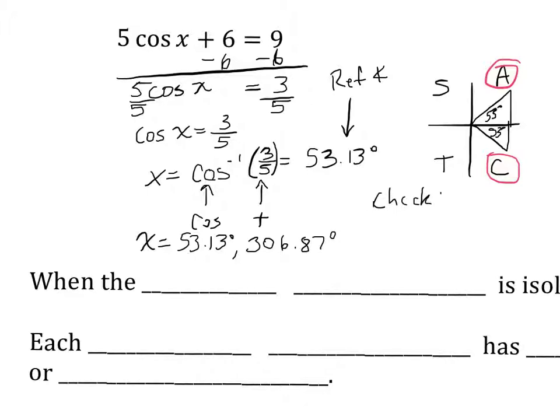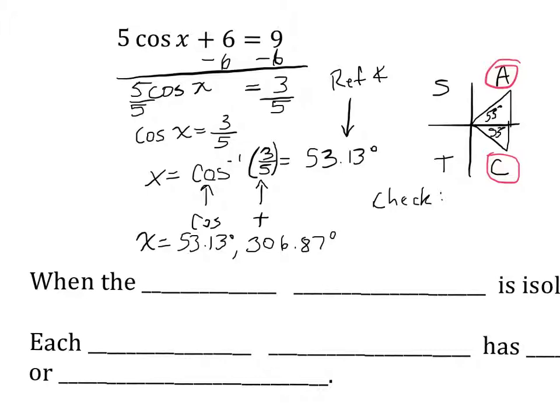Okay? And if we want to check our work to make sure this is actually the case, we can take the cosine of 306.87, multiply it by 5, add 6, and we will in fact get 9.